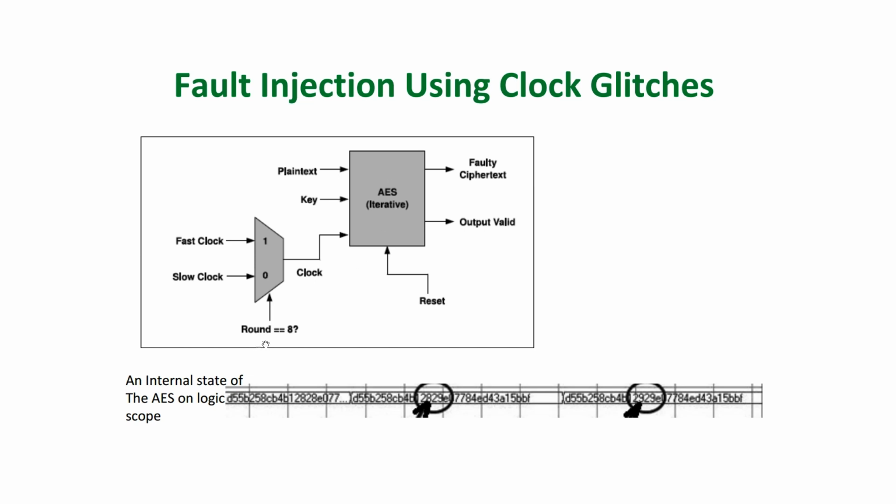Now, when the attacker switches to 1, momentarily we would have a fast clock that is pushed into the AES clock input, and momentarily the AES is functioning at a very high rate using the fast clock. This fast clock violates setup and hold times of various gates in this AES circuit, resulting in a faulty output. This faulty output then propagates to the output of this AES hardware, resulting in a faulty ciphertext.